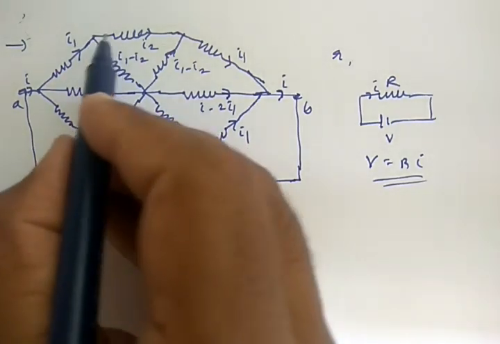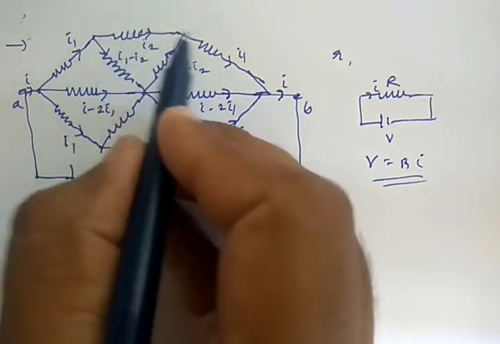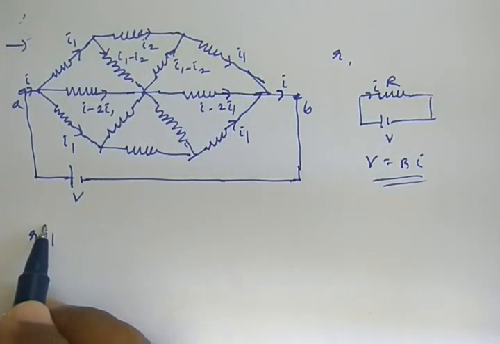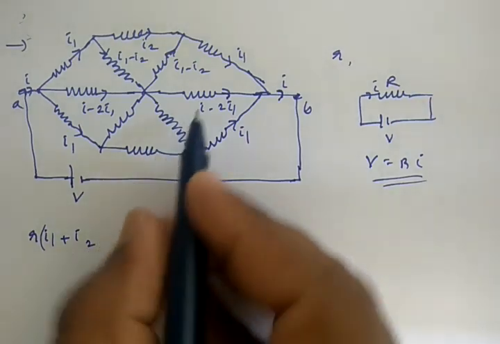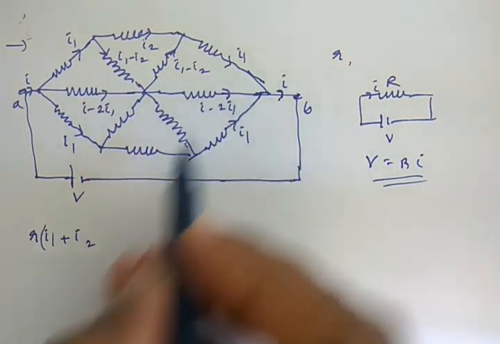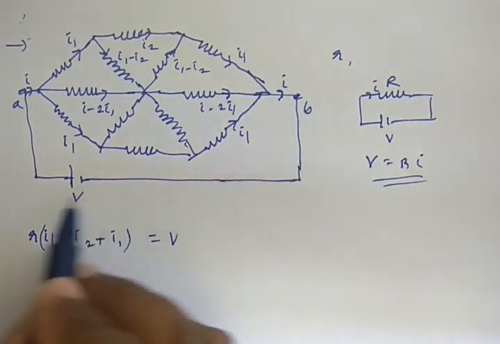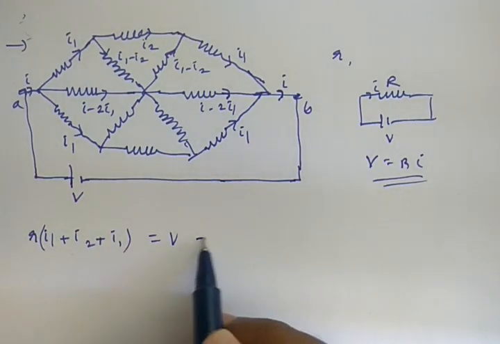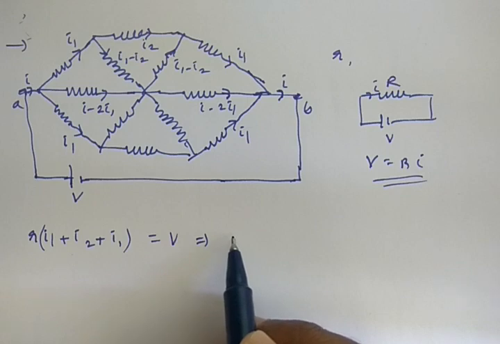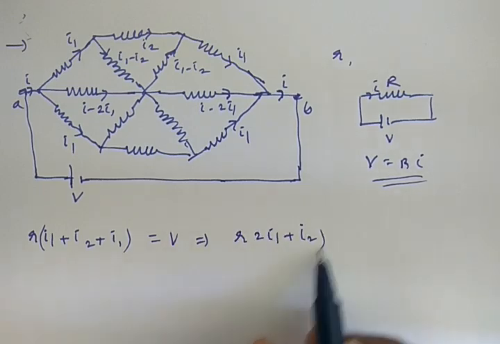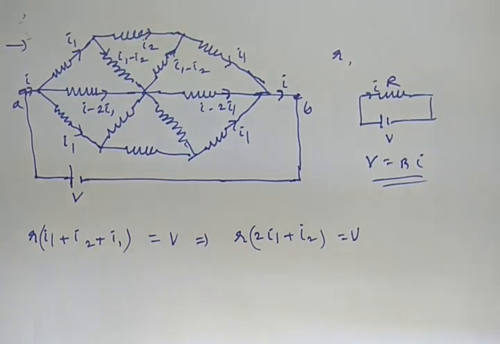Then the voltage across this resistor is R into I2. Then the voltage across this one is again R I1. So you can take R common, and you get R into 2 I1 plus I2 equals V.